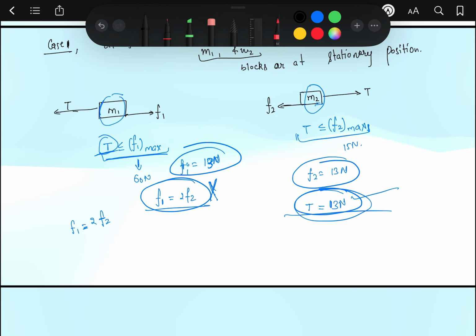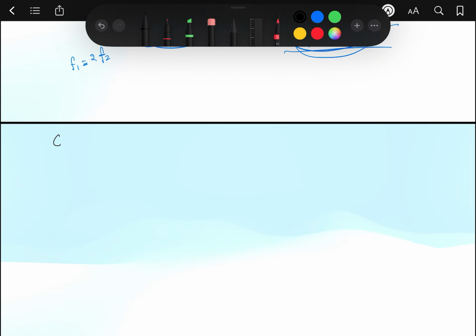सो सेकेंड केस अपन assume करते हैं here. Let me assume the second case, number 2 here. In this case I am assuming that this whole of the system is moving in the forward direction with some acceleration.